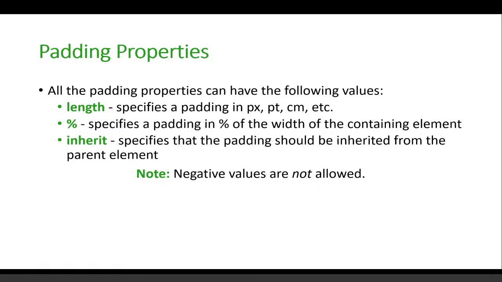Then there's also inherit, which says that the child is going to inherit the parent element's padding property. Now with padding, negative values are not allowed, which seems like a weird point to make, but when we get to margin later on, you can use negative values.